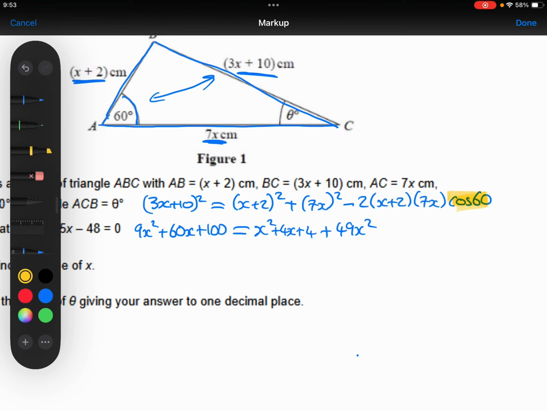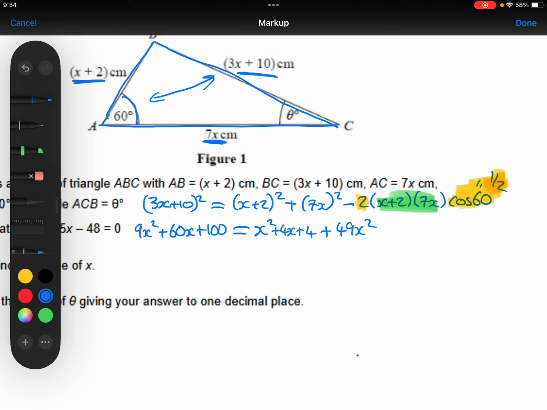What's cos 60? I know that's 1/2. And when that 1/2 gets multiplied by the 2, they're going to cancel each other out. So I don't need to worry about these bits at all. The only bits I need to worry about are these bits.